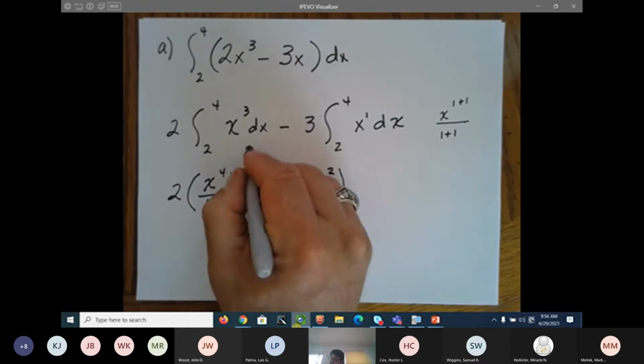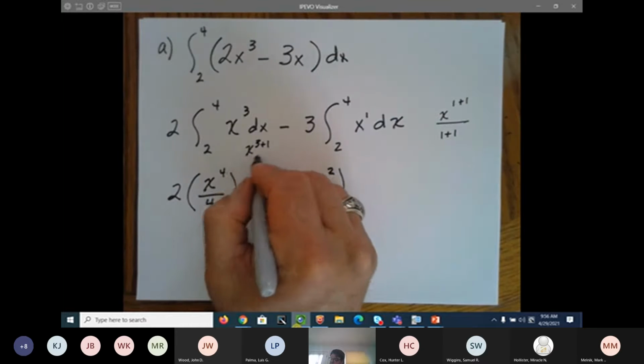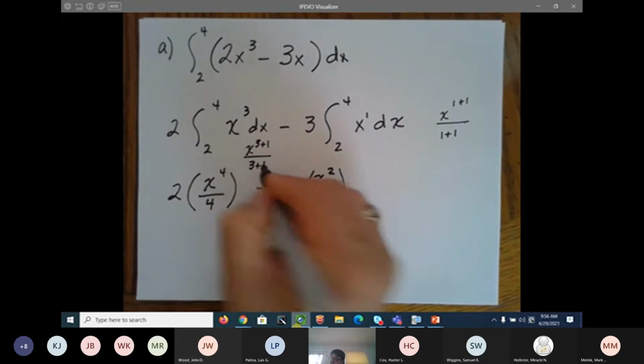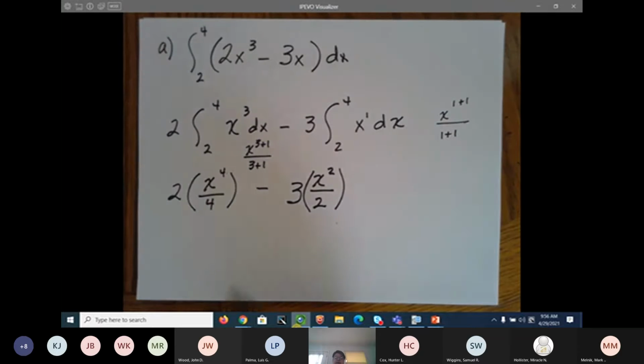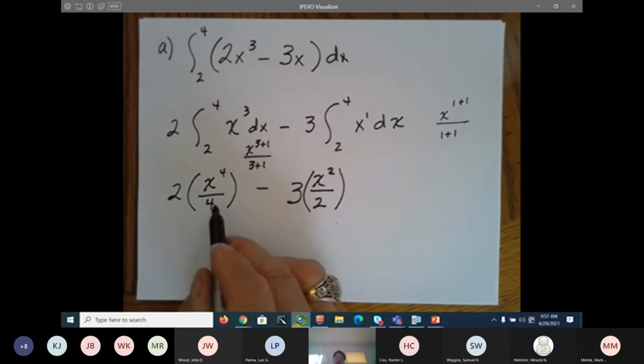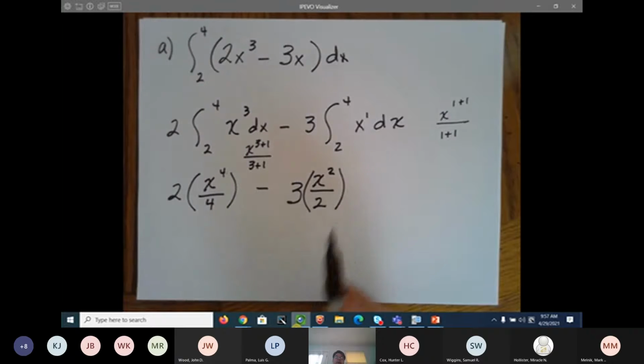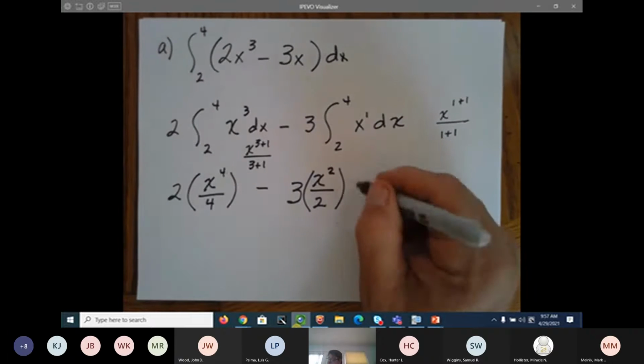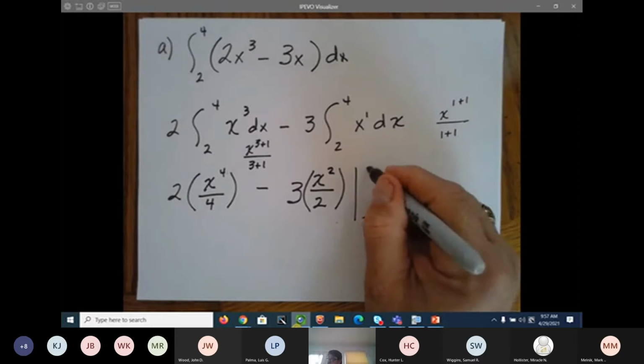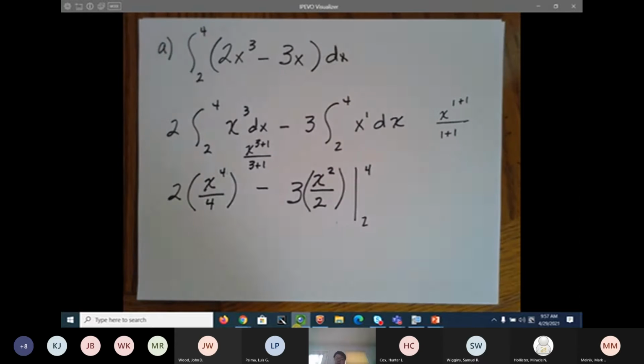And this one is x to the 3 plus 1 over 3 plus 1. Okay, so that's the middle step that I skipped to get to this step. And now that's all evaluated at 2 and 4.